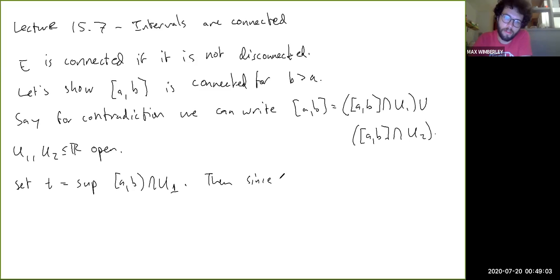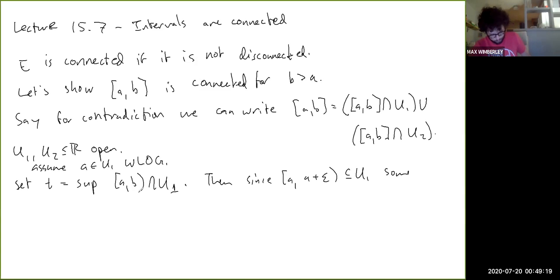Okay, so since [a, a+epsilon) is a subset of U1 for some epsilon, and we're assuming a is in U1 without loss of generality, and b is in U2.